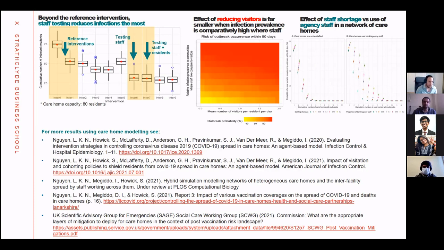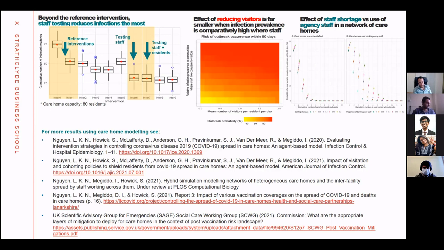Testing staff was by far the most effective intervention. Testing residents was not very effective because staff are the ones that have contact with residents within the care home, and they transmit the infection between residents. So their testing was particularly important.